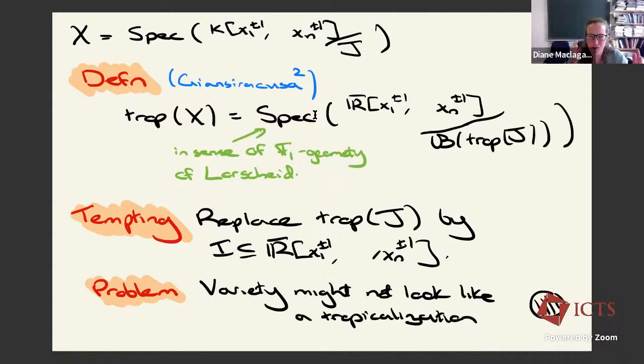Schemes should have underlying varieties, and those varieties, if this is going to be useful to tell us anything about algebraic geometry, should look like the tropicalization of varieties. So we'd like to get polyhedral objects, and we know already that if I take an arbitrary ideal here, so this means instead of saying trop J, I'm just going to say the bent congruence of I, then my variety might not look like a tropicalization. Okay, so that's the problem.